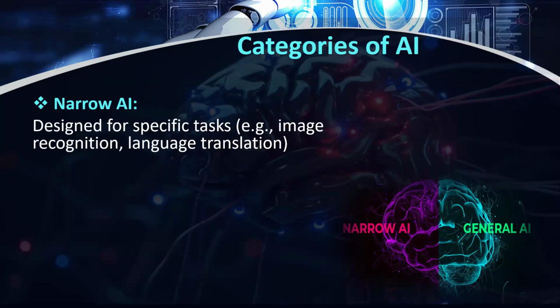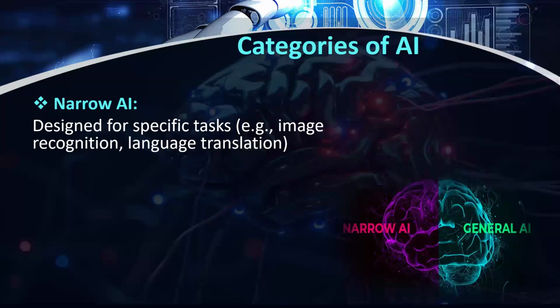So what is narrow AI? Narrow AI, the reason why it's called narrow is because it's designed for specific tasks, e.g., image recognition, language translation, speech synthesis. So if you have a speech synthesis program such as Siri, that is a narrow type of AI.